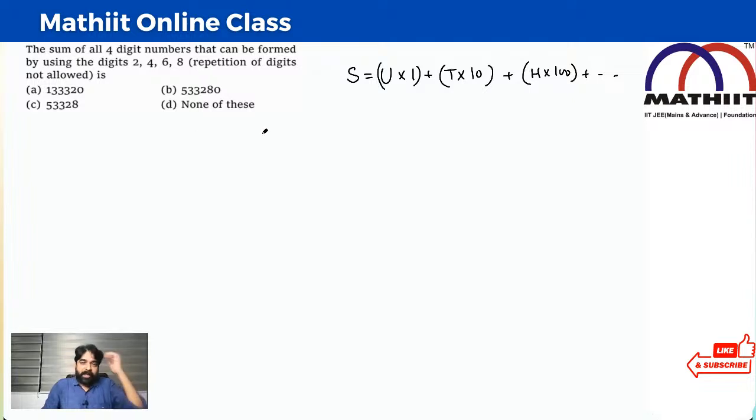So for this question, I guess last time we discussed it nearly, and some of you gave the answers also. We can go ahead and check it very quickly. For unit place, 8 will come. In how many ways can this happen? The unit place 8 is fixed, so the next place can be filled in 3 ways, repetition is not allowed, this place in 2 ways, and this place in 1 way.